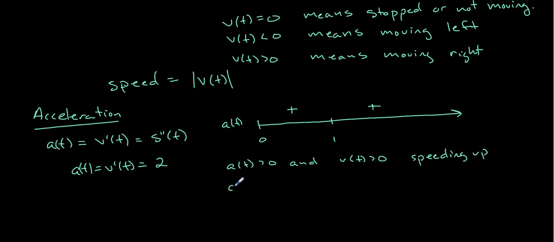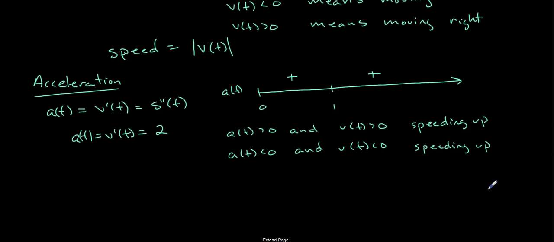Okay, what if a of t is less than 0 and v of t is less than 0? Okay, think about this. Negative direction. Say I'm walking in the negative direction. My velocity is in the negative direction, but I'm being accelerated in the negative direction. What's going to happen? You're still speeding up. Just because we have a negative acceleration does not mean you're applying brakes. Okay, you could be pushing the gas in the negative direction.